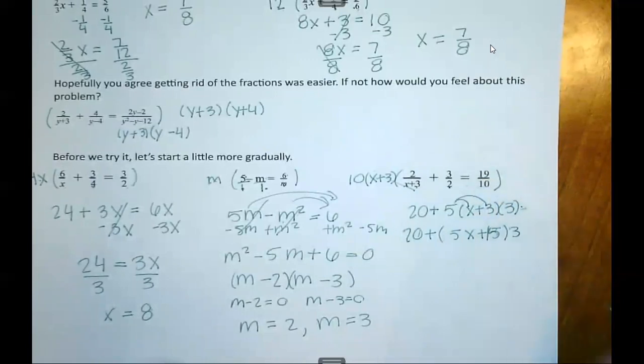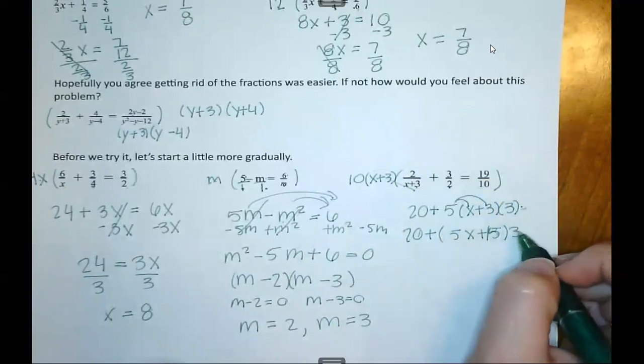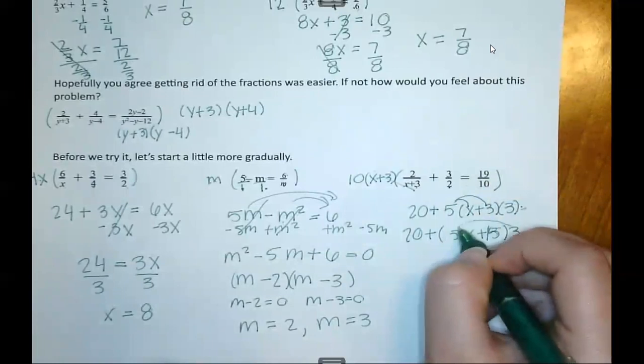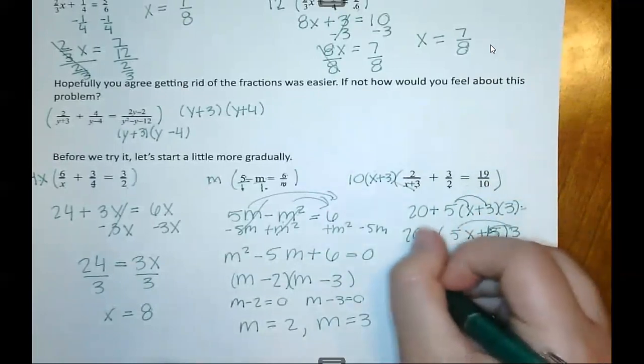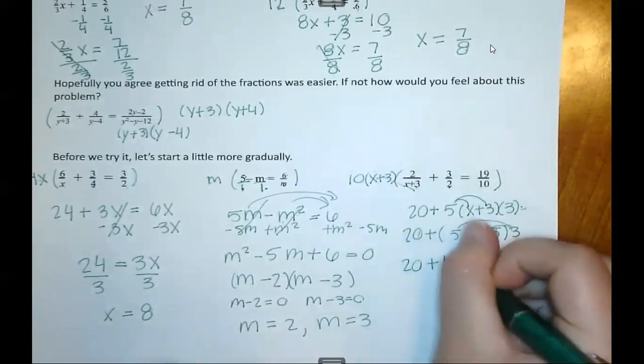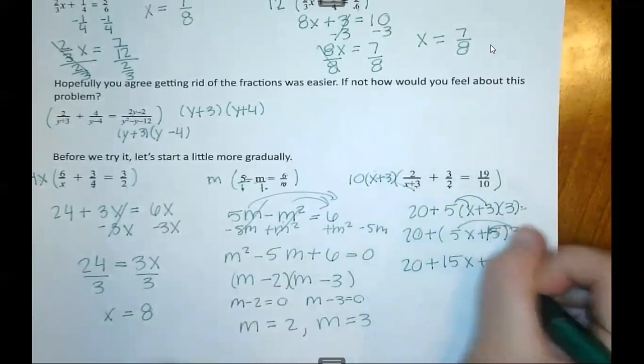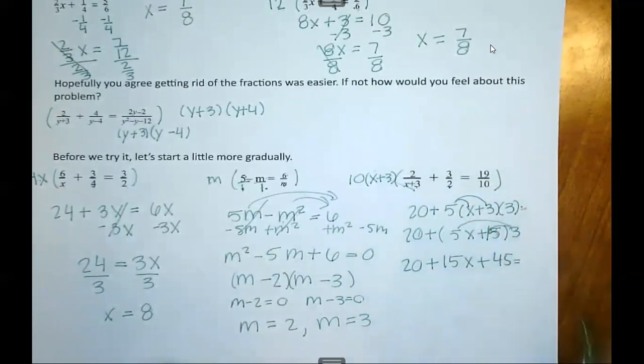And this is still times 3. So then I would distribute the 3. And so then I have 20 plus 15x plus 45 equals.